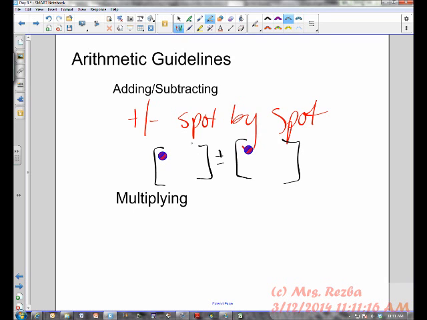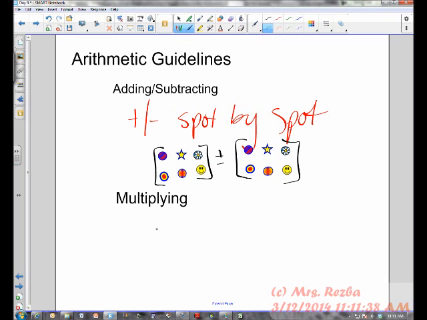That spot gets added together. Something here and here, those two spots get added together. Same thing, here and here. Here and here. And last but not least, there and there. Those two get added together.